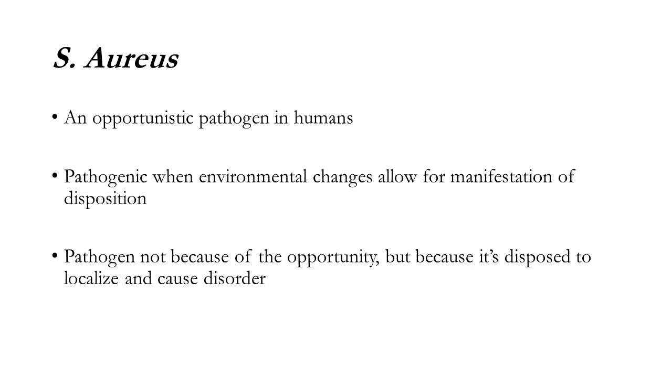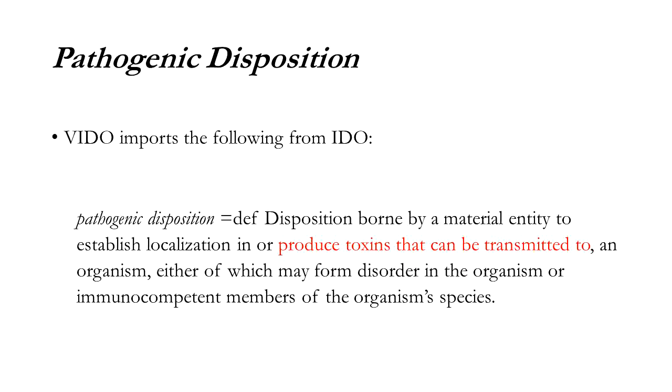It always had the disposition to localize and cause disorder, but it's just not in the right environment to manifest that. Again, salt is the analogy. Salt doesn't always manifest dissolving, but when it's in water, it does. Same with Staphylococcus aureus, same with other opportunistic pathogens with respect to pathogenicity.